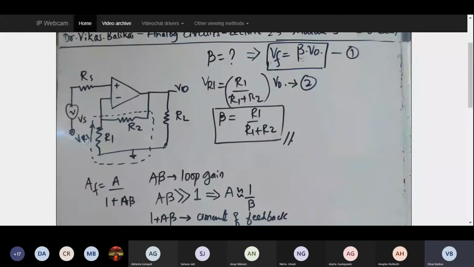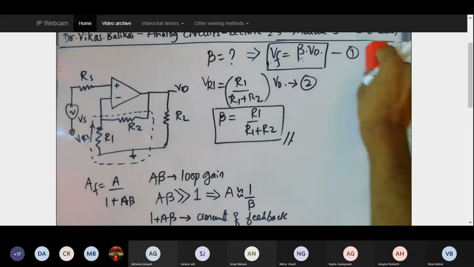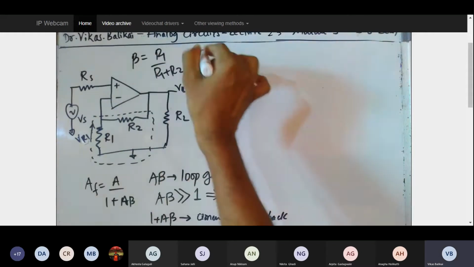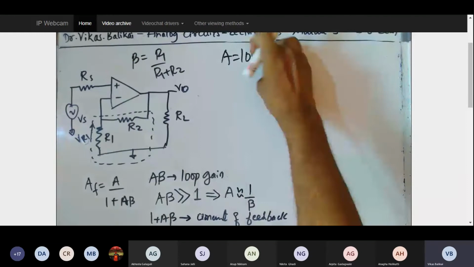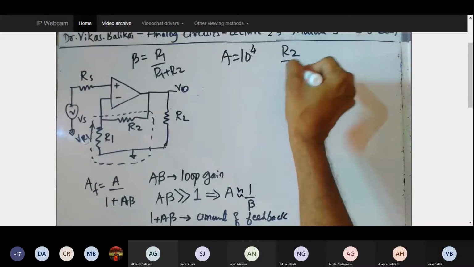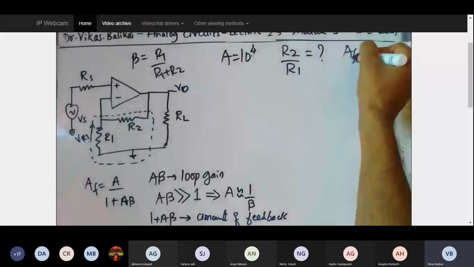Next one. What is he asking next? If the open loop voltage gain A is equal to 10 raised to 4, find R2 by R1 to obtain a closed loop gain AF equal to 10.